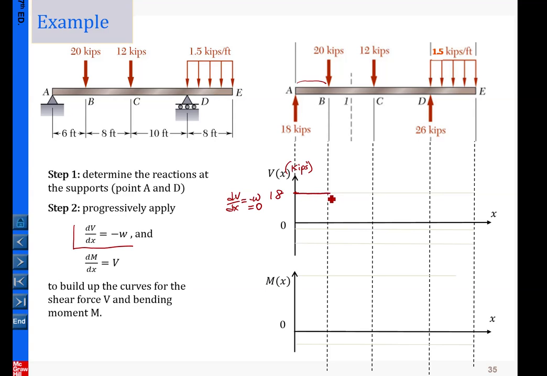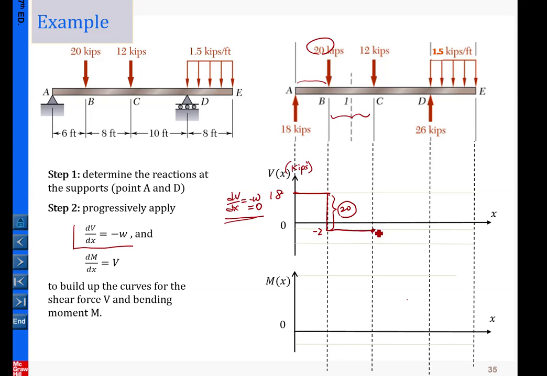Now at point B, where a load of 20 is applied downward, the shear decreases by 20, so from 18 to minus 2 here. The amount from here to here is 20, and this 20 is caused by this load. Again in this segment, there's no distributed loading, so dV/dx is still 0, and it stays constant.